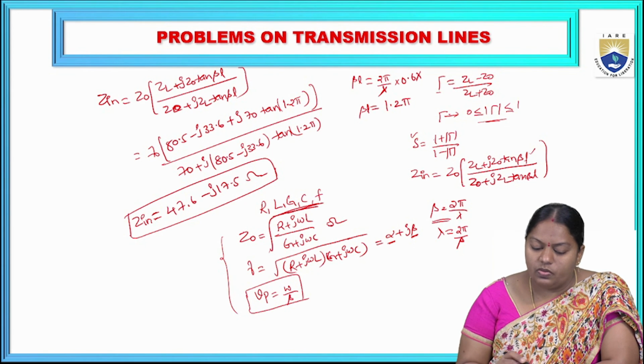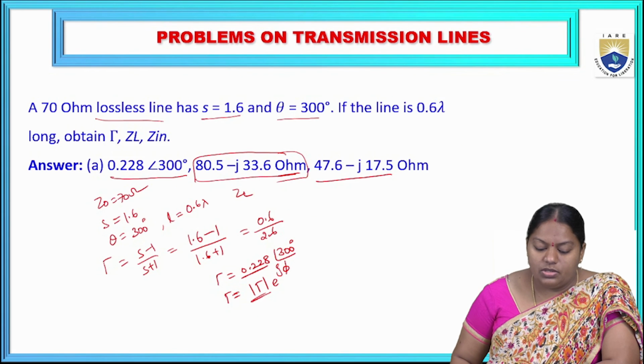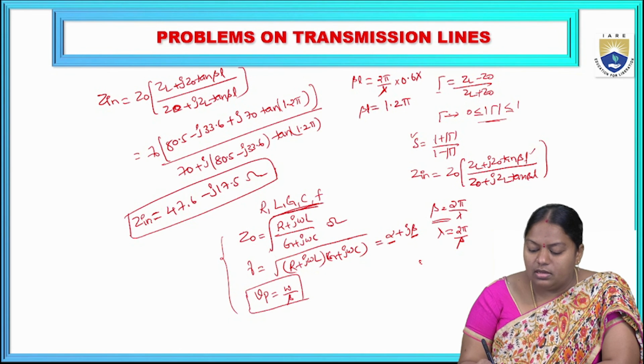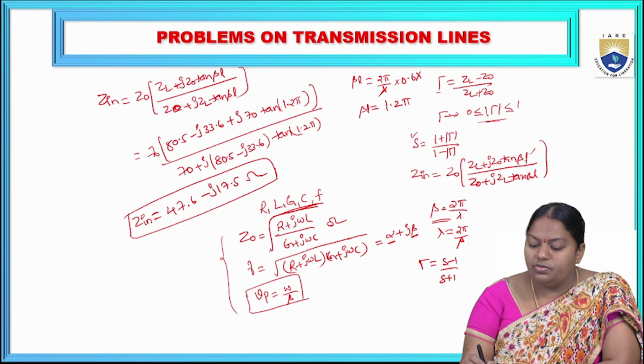And along with this we will use one more formula, that is the reflection coefficient gamma in terms of standing wave ratio, meaning gamma equal to S minus 1 by S plus 1. So in this case, the S value needs to be obtained here. The gamma value ranges from 0 to 1, whereas the S value ranges from 1 to infinity.